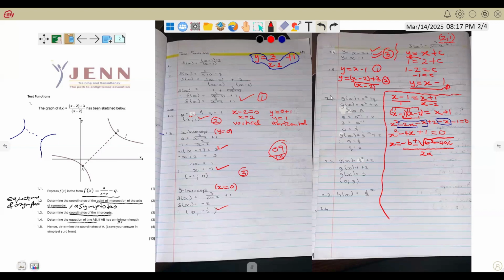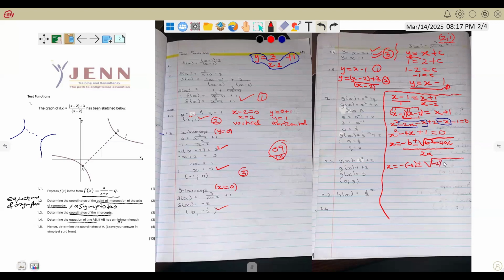Then let's do the substitutions. So your x is equal to what? x is equal to negative b. Your b is what? Take note of your b, negative 4. So negative negative 4, plus or minus the square root of your b, we agreed it's negative 4.